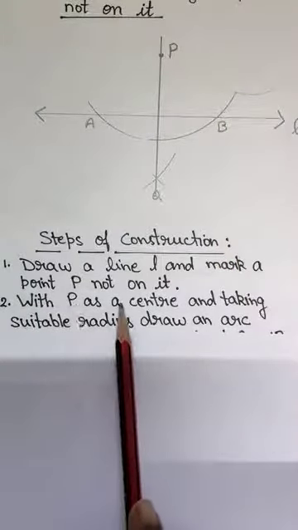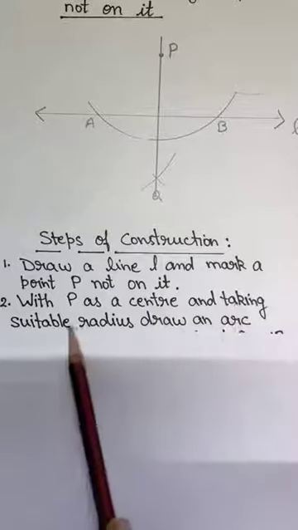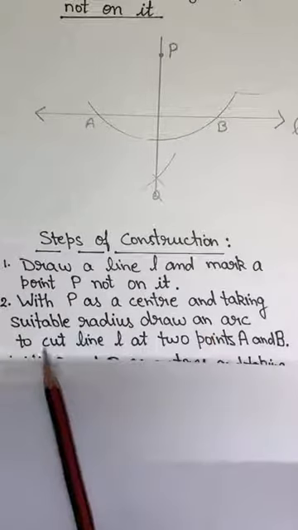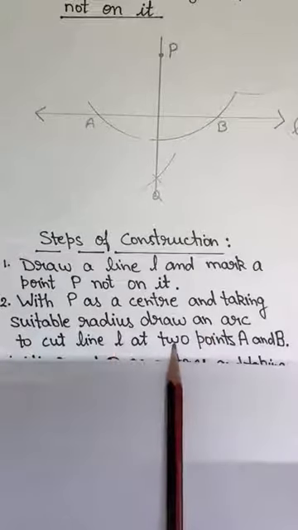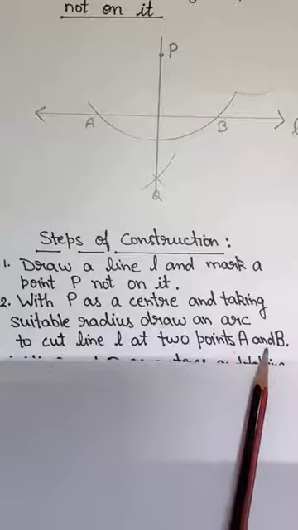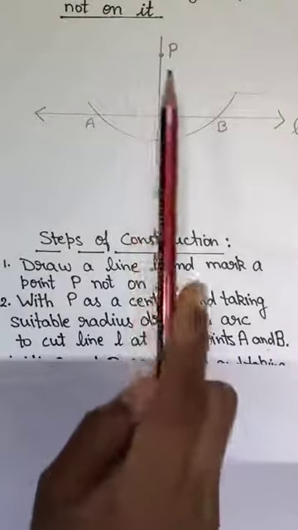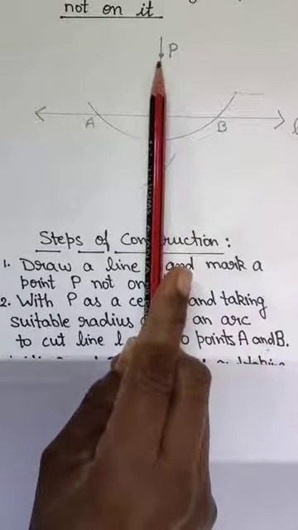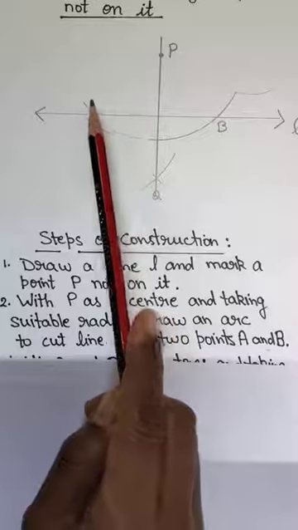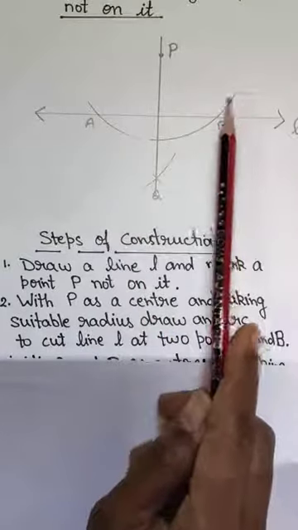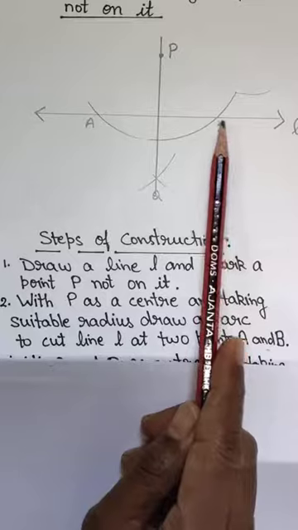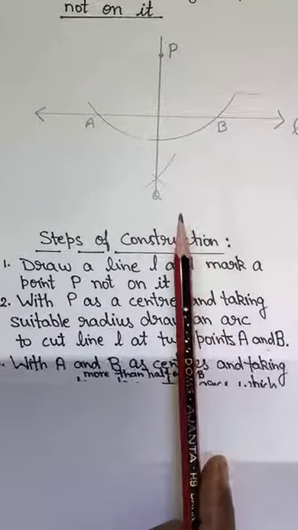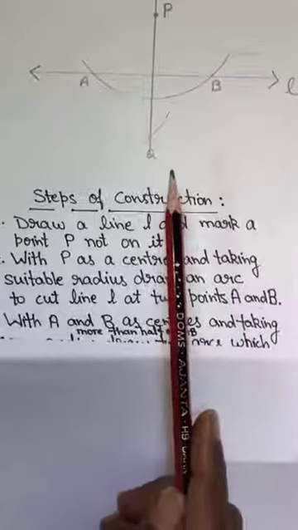With P as a center and taking suitable radius, draw an arc to cut line L at 2 points A and B. With P as a center means you have to keep the pointer of the compass at P. Okay. Now draw an arc in such a way that it will cut line L at 2 points A and B. Give the names A and B. Now open your compass more than half of AB.